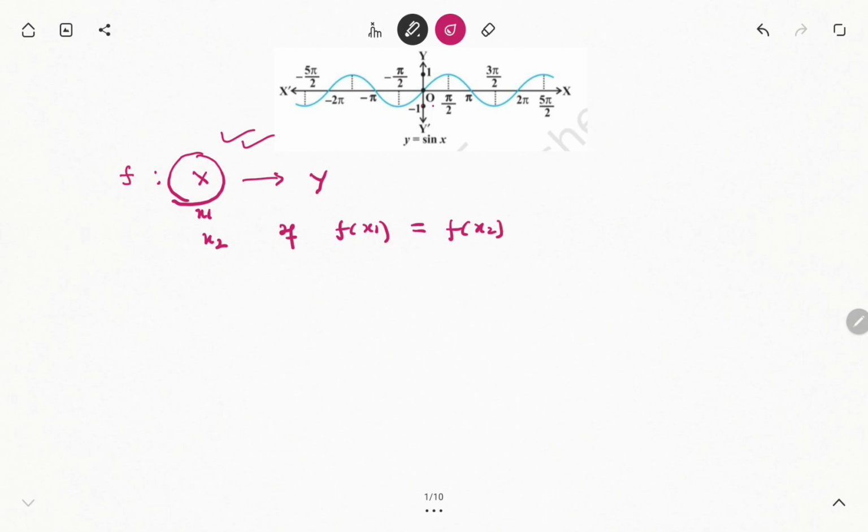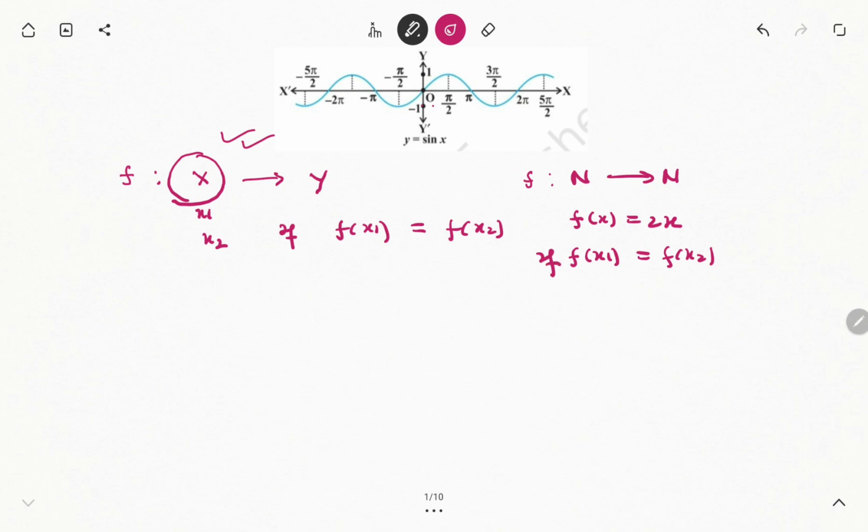For example, I am taking a function f from the set of natural numbers to the set of natural numbers, and the function is defined like this: f(x) is equal to 2x. Now this function is 1, 1. Why? f of x1 is equal to f of x2.